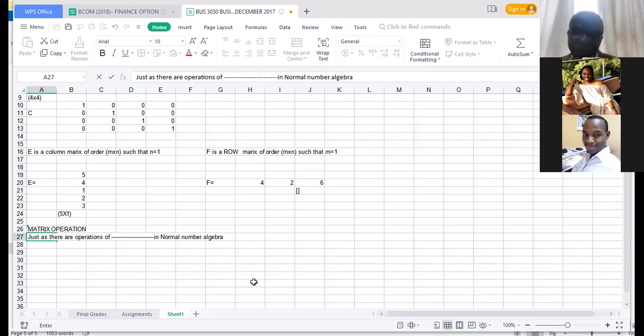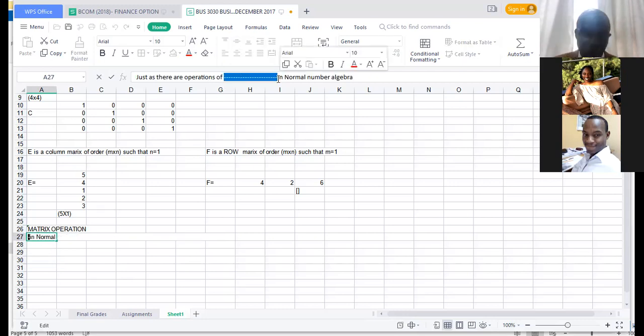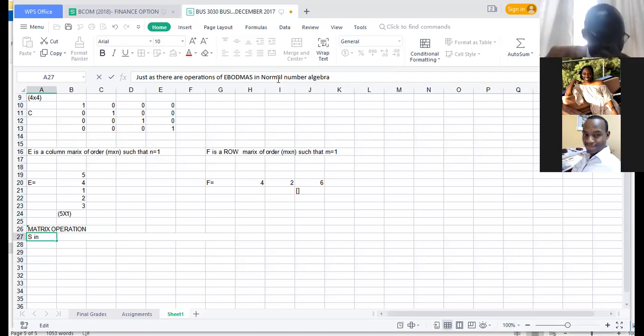BODMAS, which now is really E-BODMAS, where E is a number raised to a power, exponentiation. You deal with the number raised to a power first before you do bracket, before you do of, before you do division, before you do M and AS.